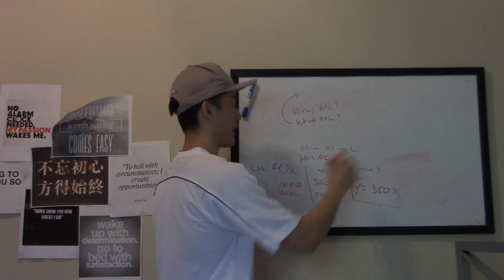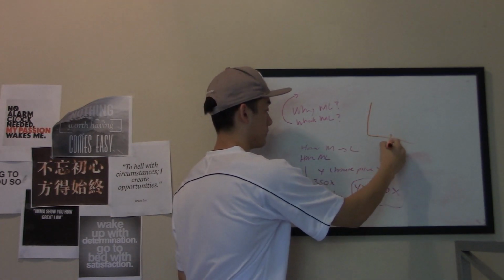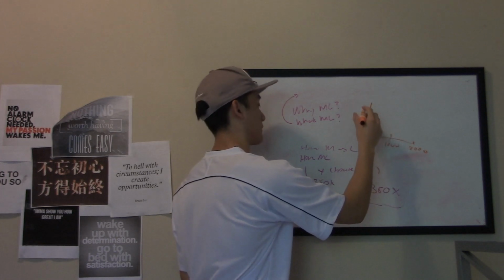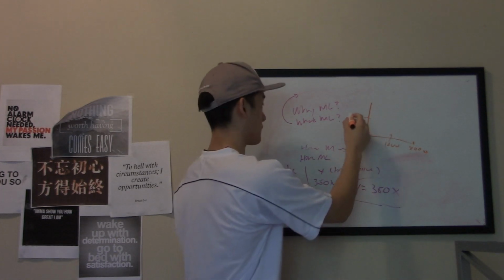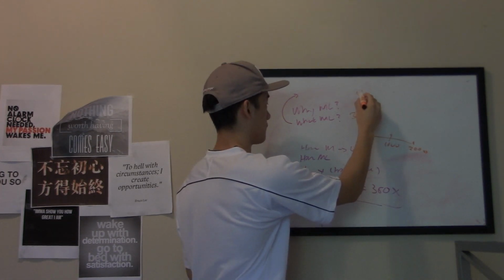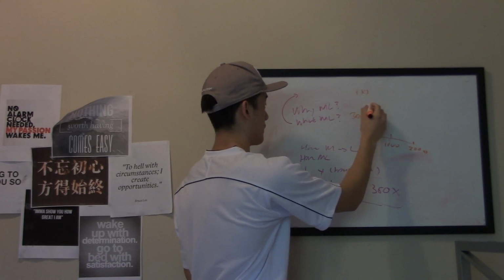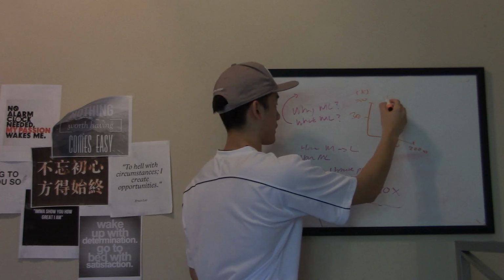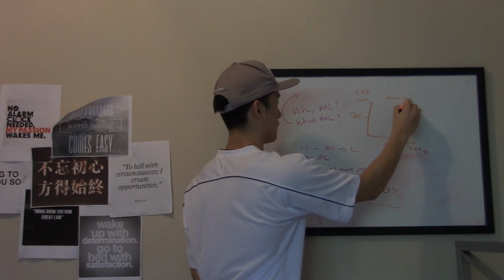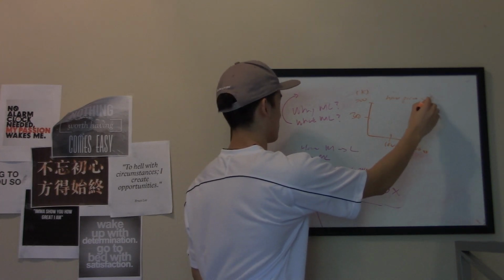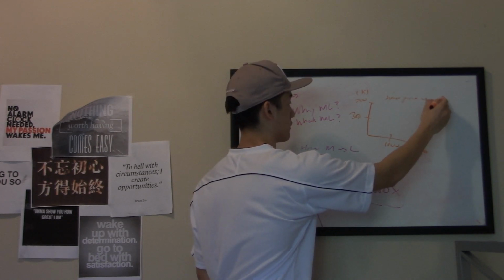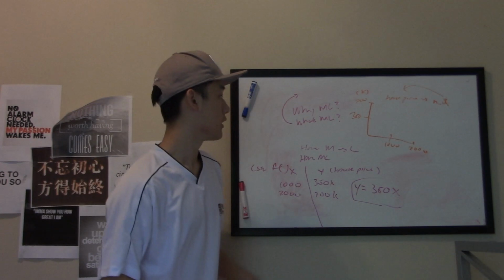actually, let's graph these. 700, and this is house price versus, actually the other way around, the number of rooms versus house price.